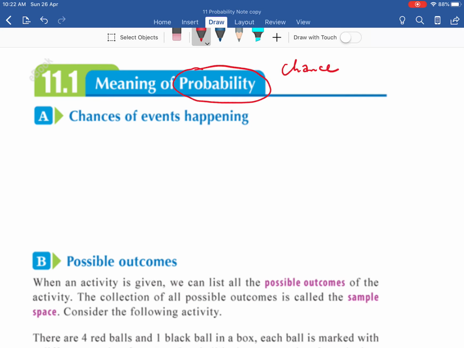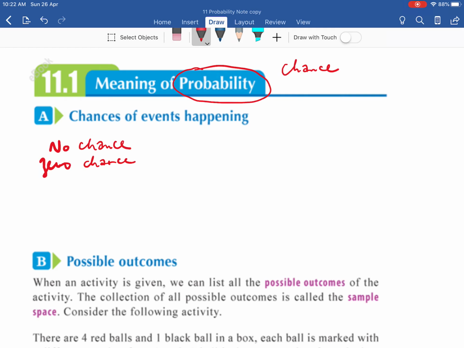So we have learned some terms, and then we go to the meaning of probability. Probability, sometimes we call it chance. How do we describe the chance of an event happening? It is no chance, or we call it zero chance. The chance is 0.